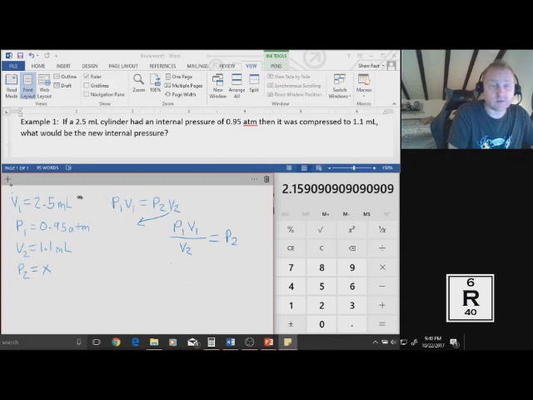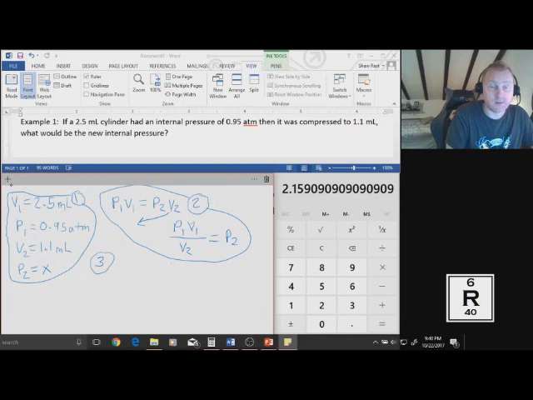Whenever we're solving this stuff, the first thing you do is write out what you know from the problem. The second thing you do is use the equations you know and rearrange them to solve for what you're looking for. And the third thing you do is solve it. Plug in those numbers.